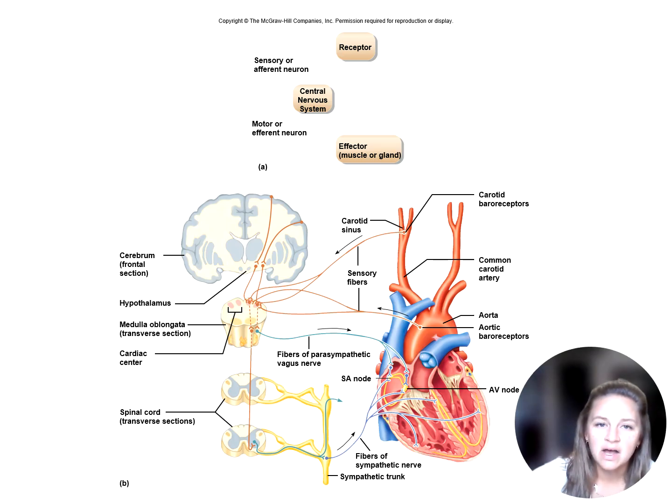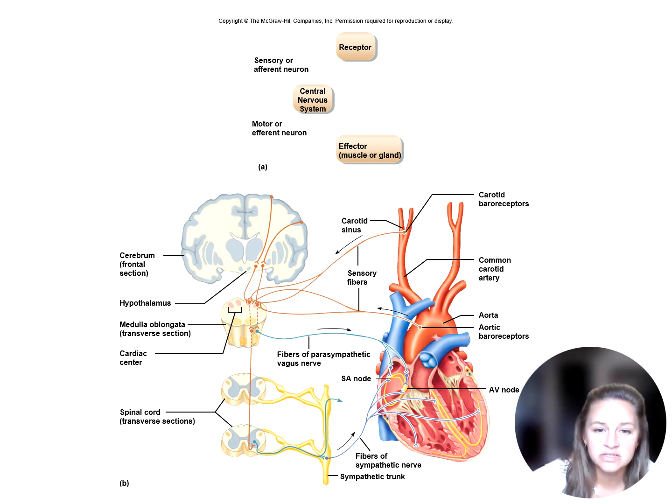So here, there would be some sort of stimuli, some sort of response. And here we see the fibers of the parasympathetic vagus nerve, which is going to the SA node of the heart. So again, the parasympathetic response of the vagus nerve, this would tell your heart rate to slow down.